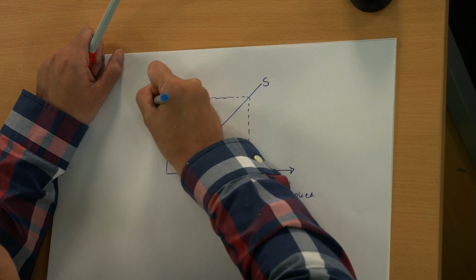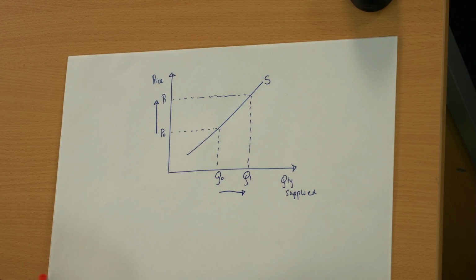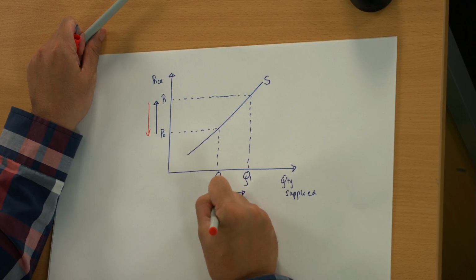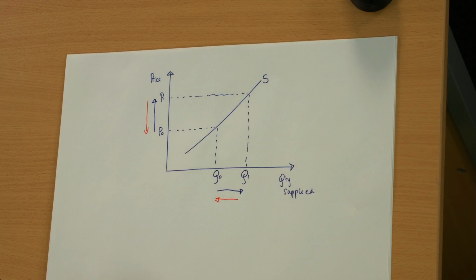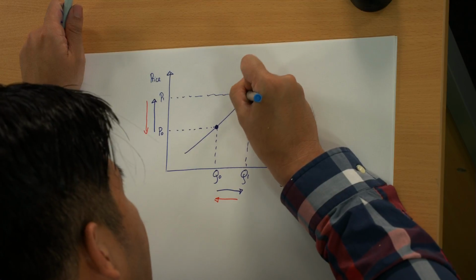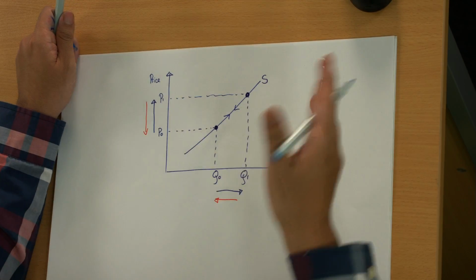Okay, price up, quantity up, price goes down, quantity supplied goes down. It's a movement along the curve.